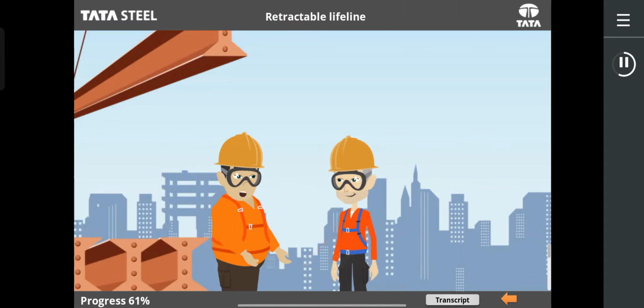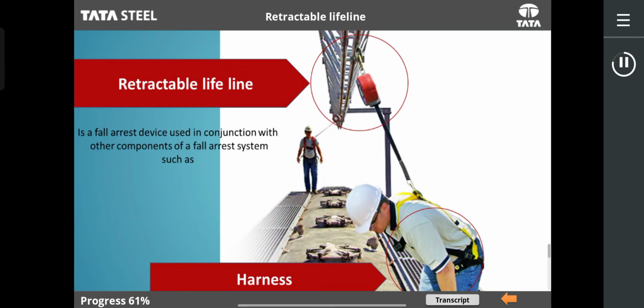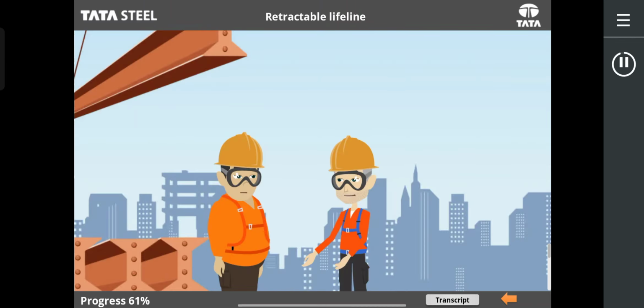Can you elaborate on what you mean by properly inspected and maintained? It is very important that the retractable lifeline be properly inspected, maintained and used correctly. Otherwise, it will fail to provide protection, as in the case of Sunil. Let us look at the do's and don'ts of using a retractable lifeline now.